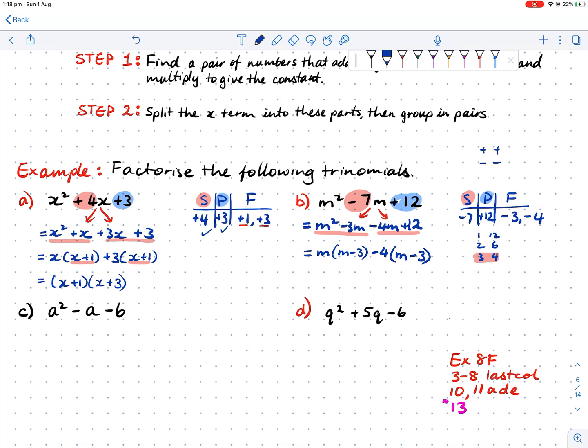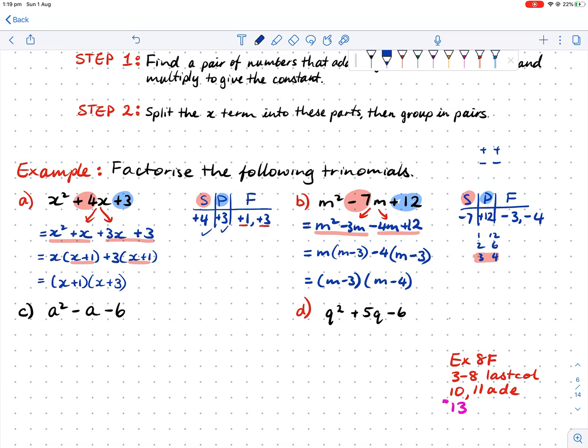If we didn't take out the negative and we just put a plus in front of it, then we'll end up with negative m plus 3, which is not the same as this. So the brackets need to be identical in order to be able to factorize them. So they are now. m minus 3 is the common factor, and then what we have left is m minus 4.